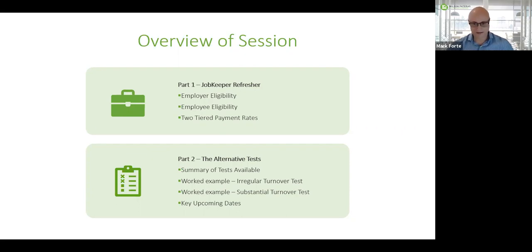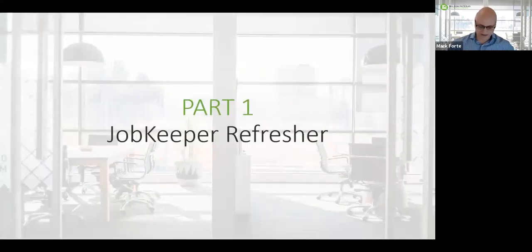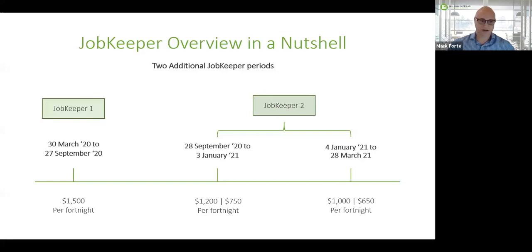So moving right along, in terms of just JobKeeper overview in a nutshell. What we have here is just a bit of a graph. I'm sure most people will be familiar with it. JobKeeper 1 expired no more than 9 days ago now. That ended on the 27th of September 2020. And we're the first week into JobKeeper 2, the first tranche of JobKeeper number 2. That will end on the 3rd of January 2021.